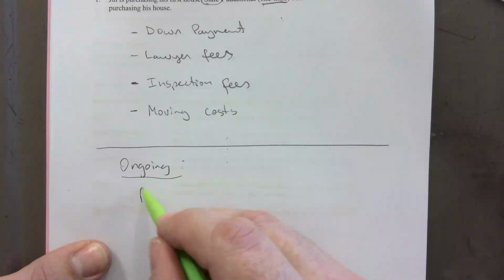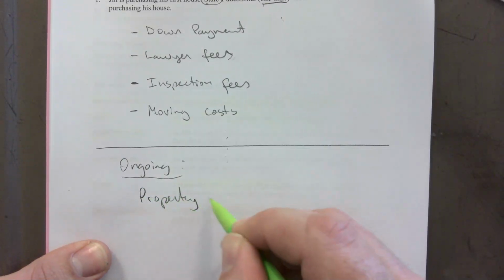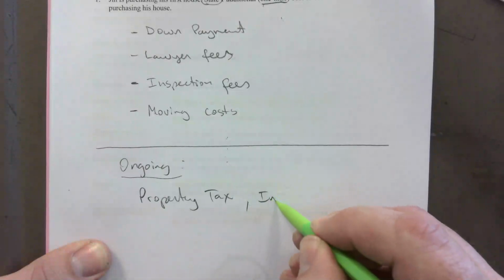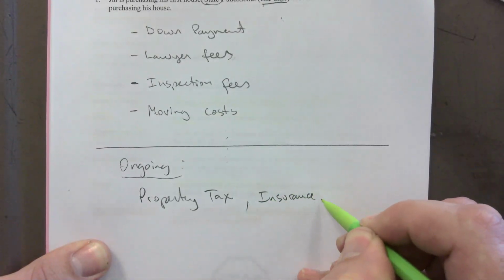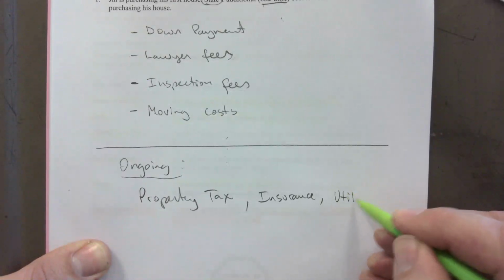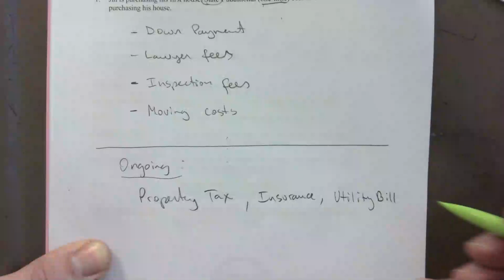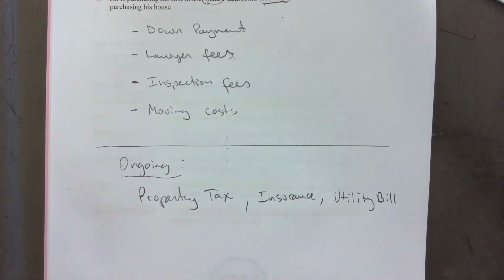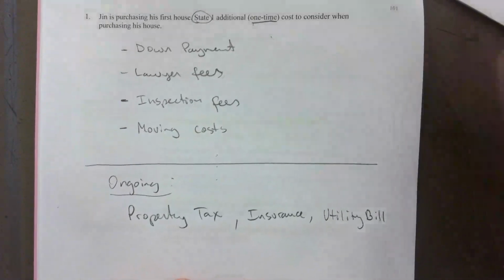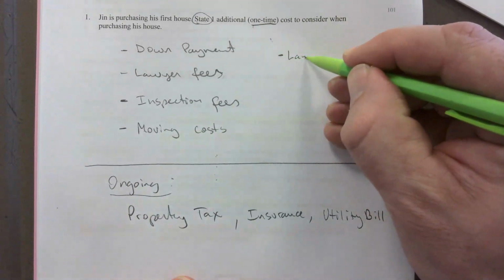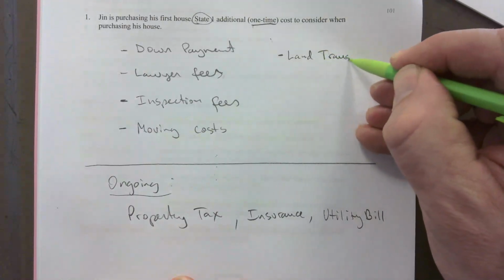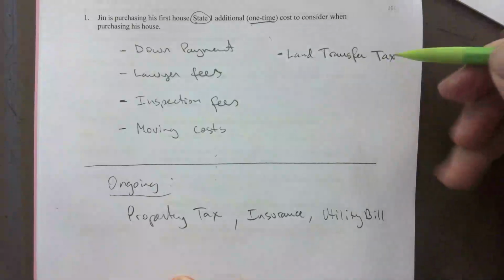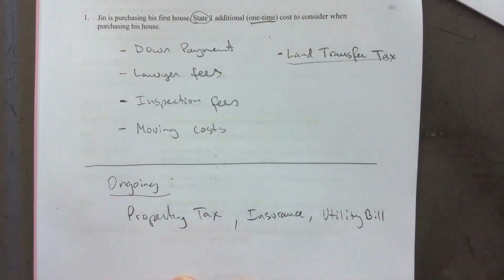Ongoing would be property tax, insurance, utility bill, etc. Yes, that's a good one. I will add that. That's actually, to be honest, the scariest one of all. That's the biggest amount you're going to spend when you move. Okay.